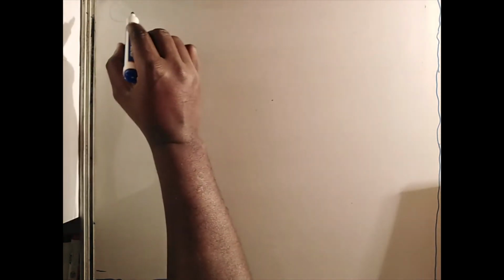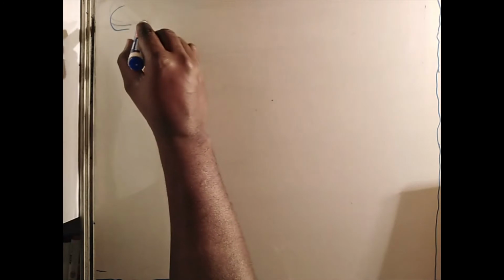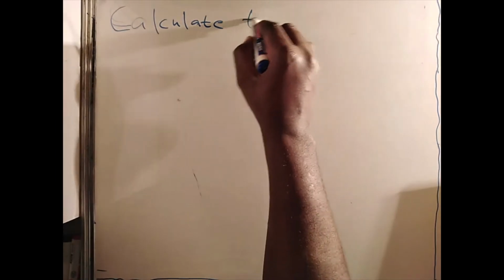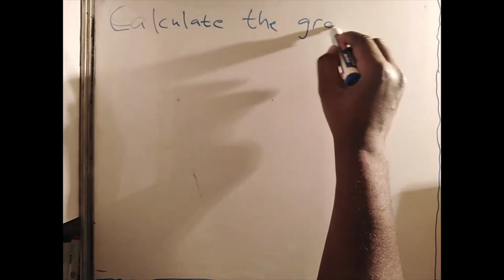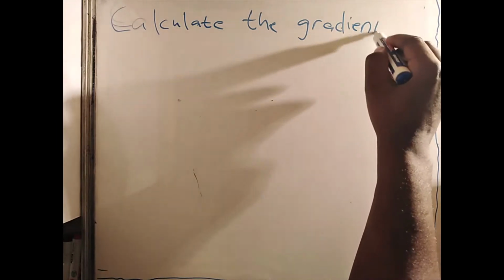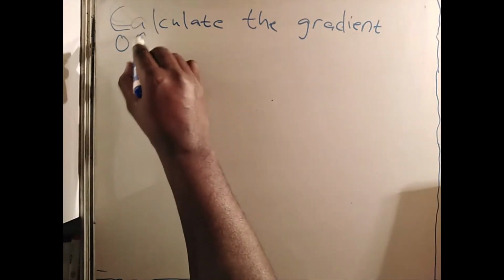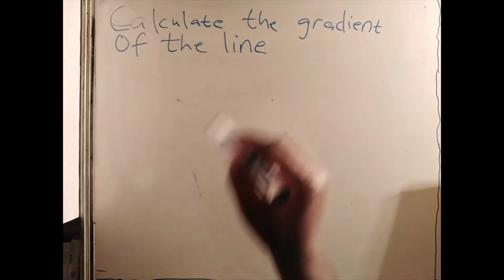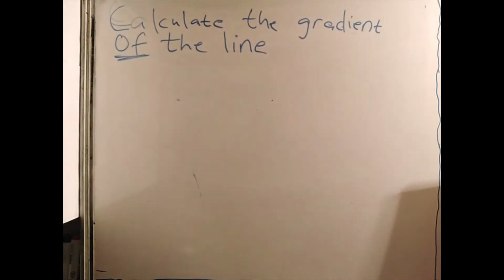All right. Now, let's say you are given such a problem. They say to you, calculate the gradient of the line. This is what I want to emphasize: the gradient is the gradient of a line. You will have a line first, and then there will be a gradient of that particular line.